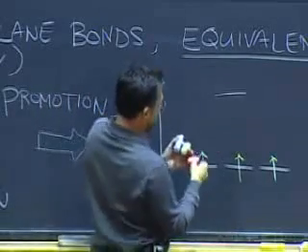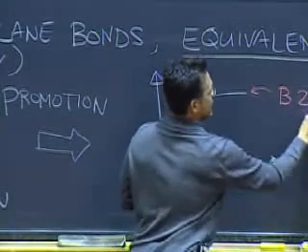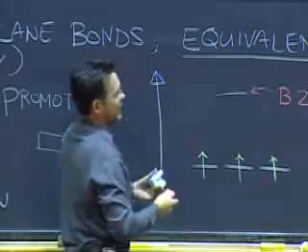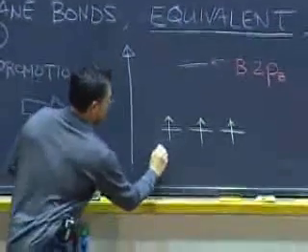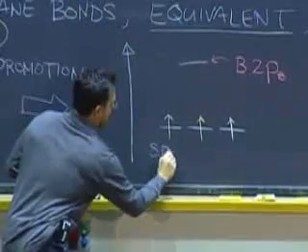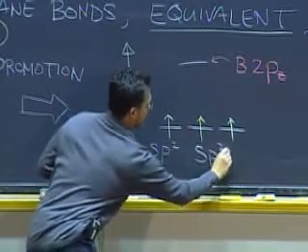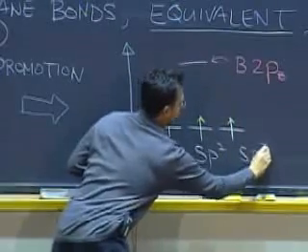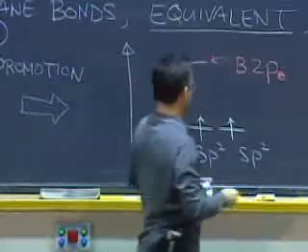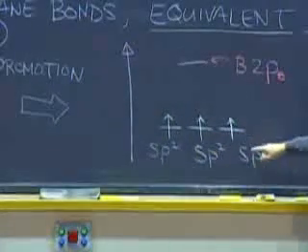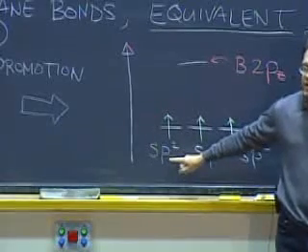Up here, we have the boron 2pz orbital. So that stays by itself. And down here, we're going to have a set of sp2 hybrids. So the idea is now, somehow, we're going to get 3 orbitals down here by mixing 1 part s and 2 parts p.